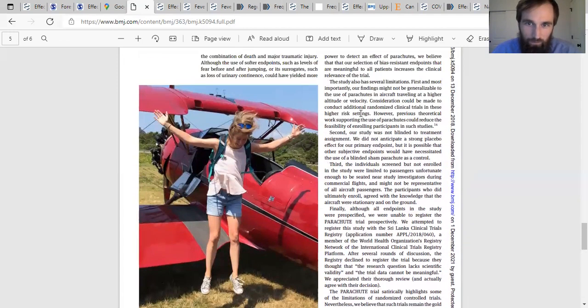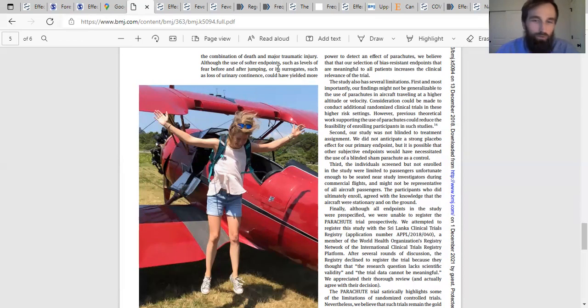And if you read through this, it's pretty interesting. They're saying parachutes need a randomized controlled trial to basically prove that they're effective in preventing trauma and death. Now they're highlighting the illogicalness of people who say, oh well, with natural remedies, oh well, that doesn't work, that needs to be studied.